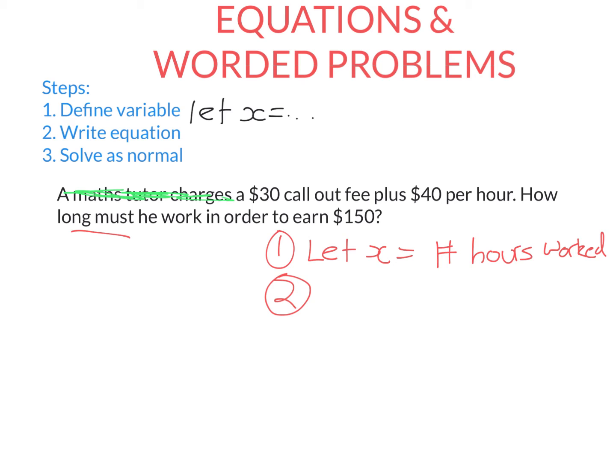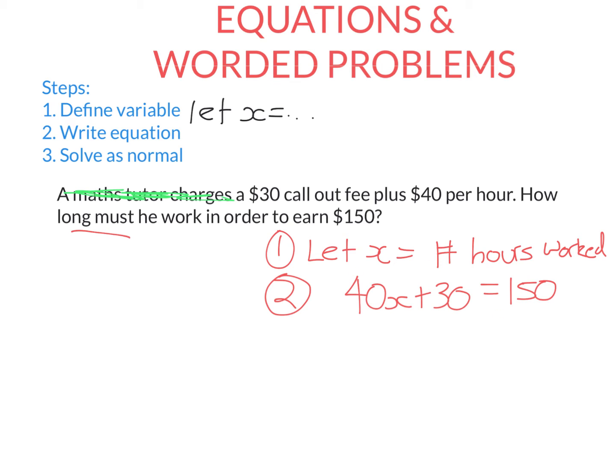That will not affect how we do the question. All we need to know is he gets paid $40 per hour, $40 times the number of hours, plus a $30 fee to come out, and that gives him $150. That's all we need to know. So I've rewritten this information. $40 per hour plus $30 equals $150.